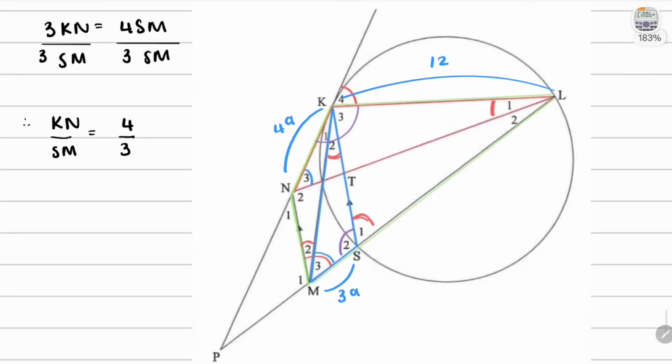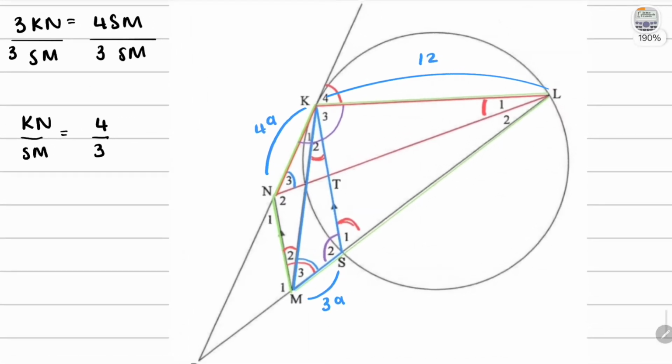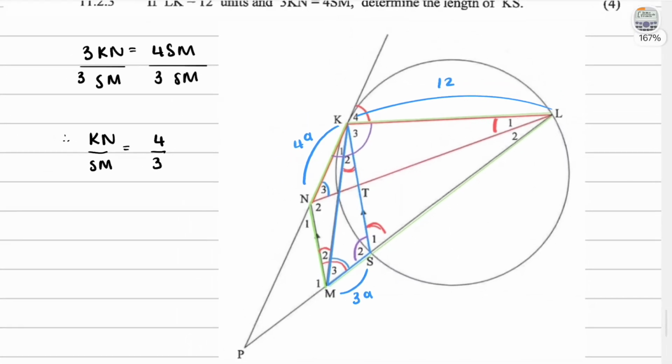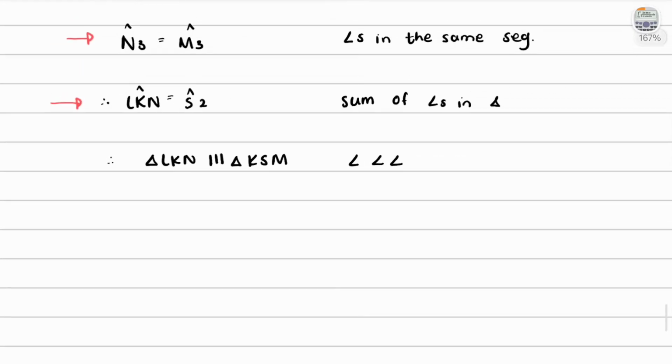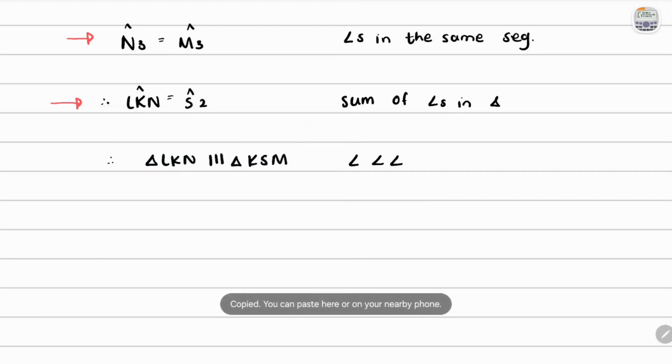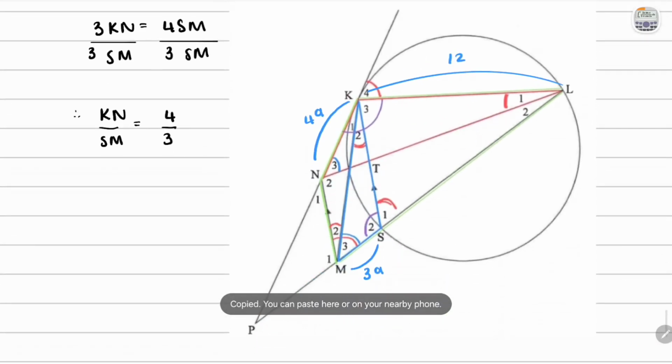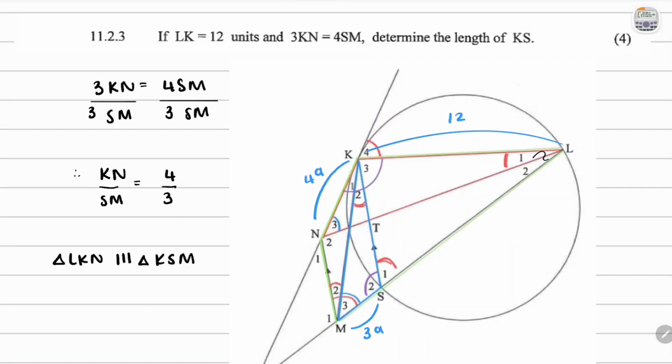Okay, so looking at the proportions they've given, you can see that they are using the 2 triangles which we proved were similar in the previous question. So we're going to use that, the proportions there, and find the lengths they're referring to. We can pick LK since they gave us that length.